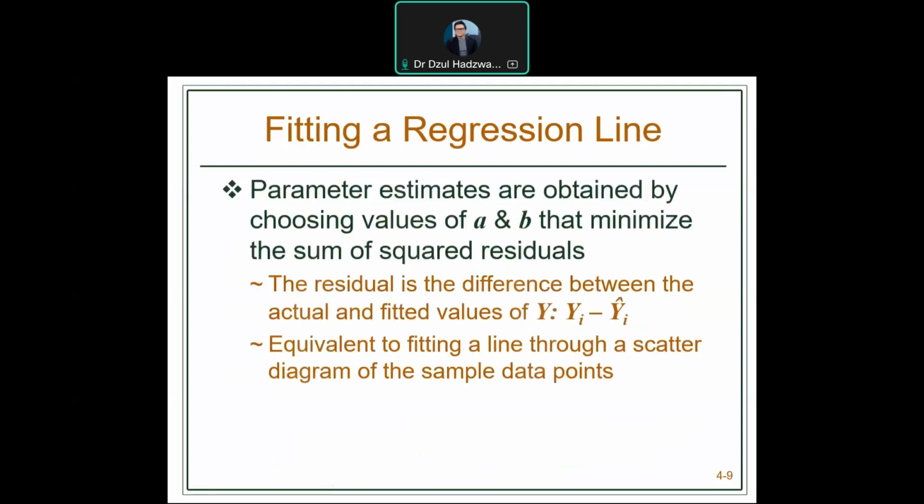Okay, this is what I mean. This is the step that we need to follow in order for us to come up with or to compute the parameter. I believe that you have learned this in statistics. This is just a recall. I just want to recall the steps that we need to go through.